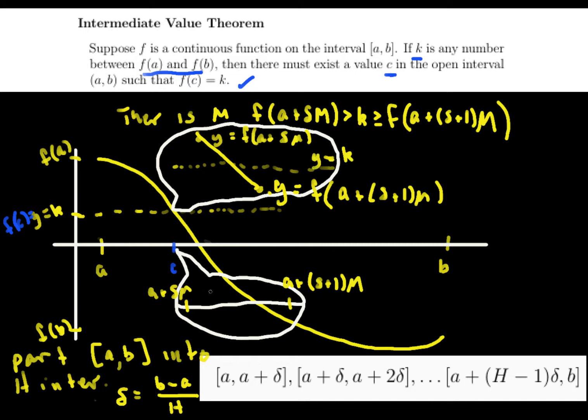So I found some sub-interval, this one in particular, from a plus delta m up to a plus delta times m plus 1, so that the left endpoint is bigger than k, but the right endpoint is less than or possibly equal to k. Well, what does that mean?